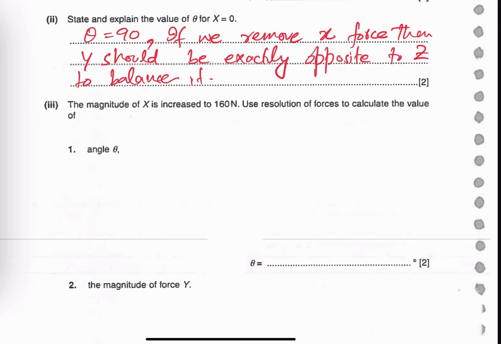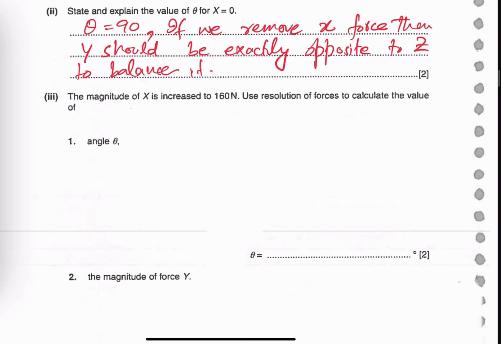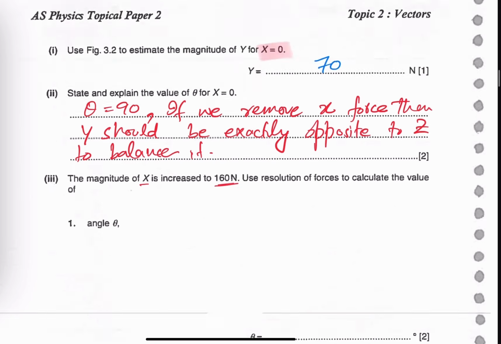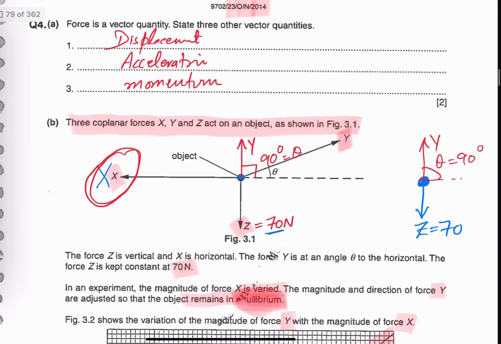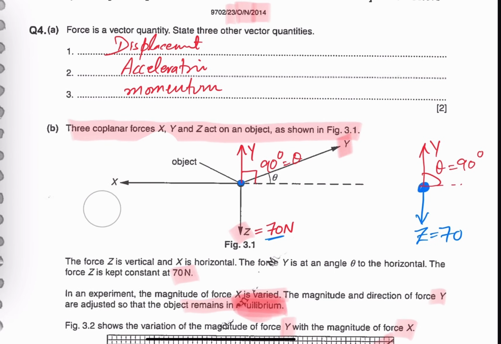The magnitude of x is increased to 160 newtons. Use resolution of forces to calculate the value of theta. Okay, so now the value of x is 160 newtons. We have to find theta.